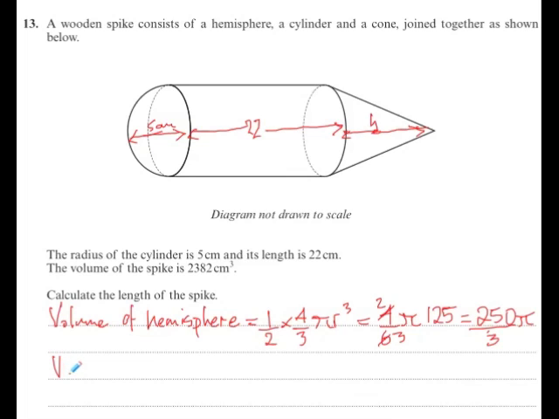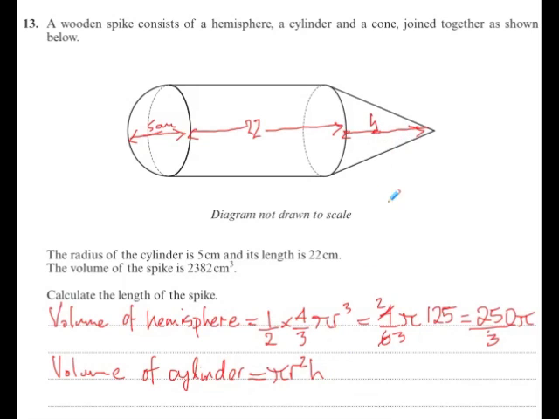So volume of cylinder, and this formula isn't given at the beginning because you're expected to know it. Volume of cylinder, it's quite a simple one if you think about it. It's the area of a circle here times the height of the cylinder, or the length of the cylinder. So let's write down the formula: pi r squared h.